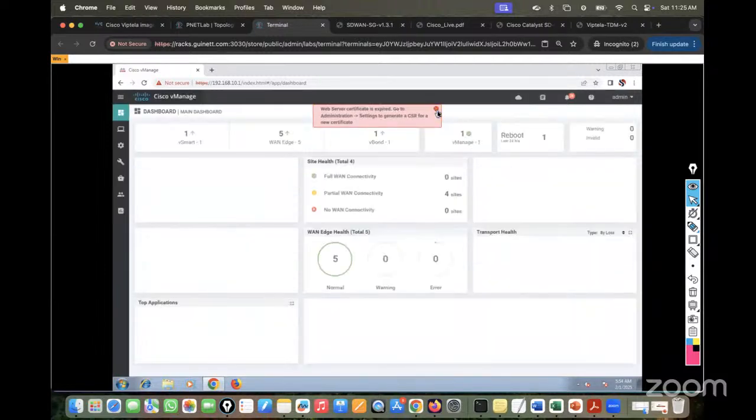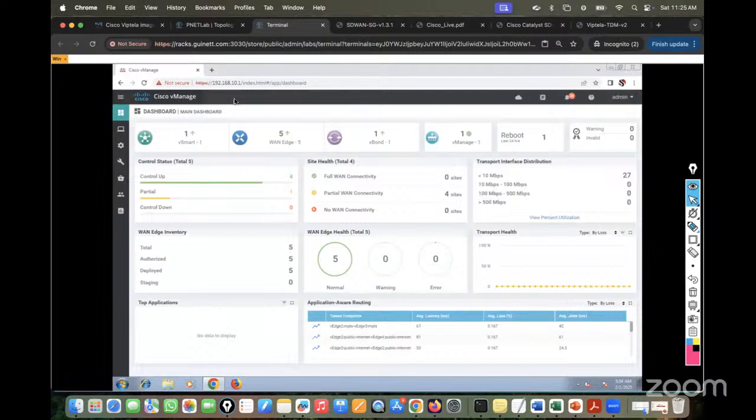You still have to understand each and every component. So see, this is the vManage dashboard. I'm assuming nobody knows what the vManage dashboard is, so just hold your thoughts. I'll explain from the very scratch. In this vManage dashboard, you can see some components, like the vSmart, which I was talking about.